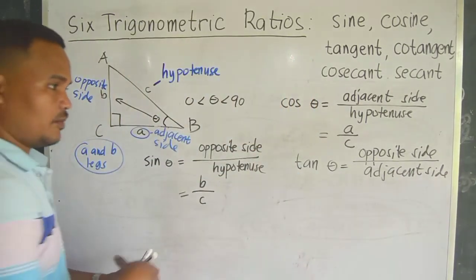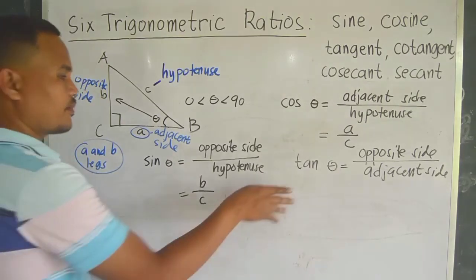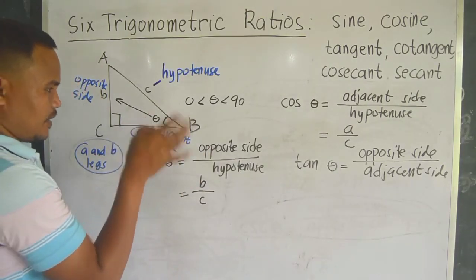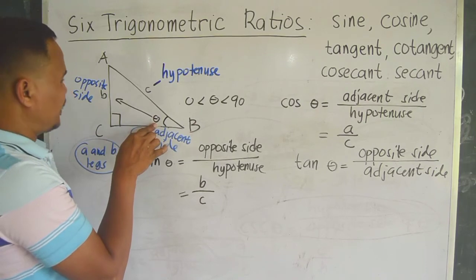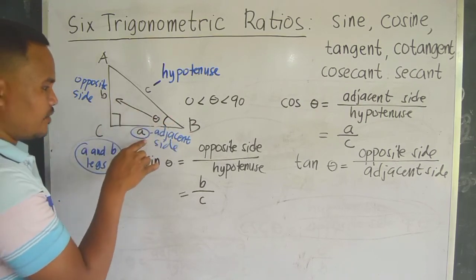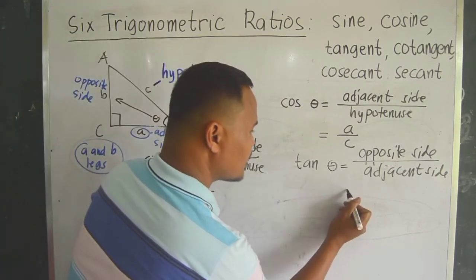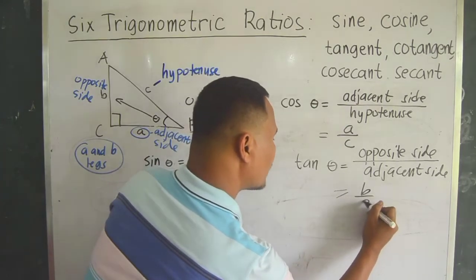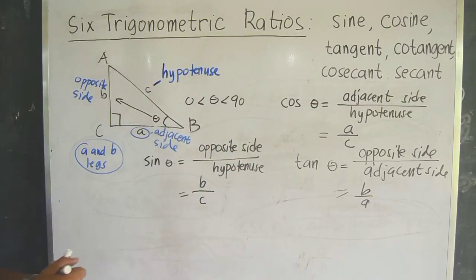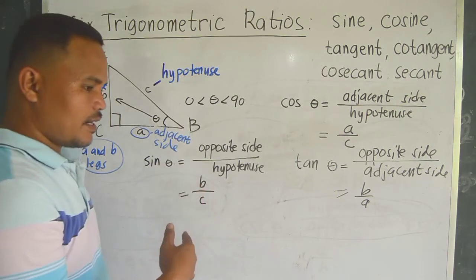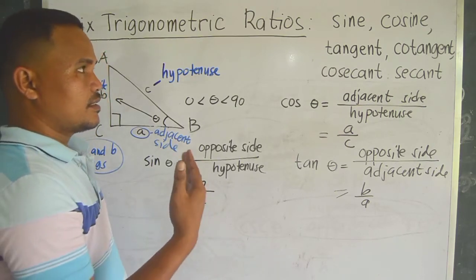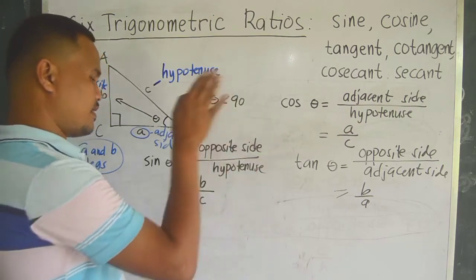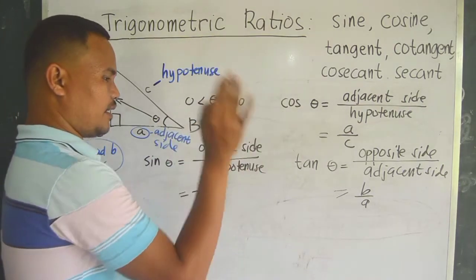Theta is our angle, so the opposite side of theta is B and the adjacent side of theta is A. So tangent theta in this figure is B over A. So these are the three primary trigonometric ratios: the sine, the cosine, and the tangent.